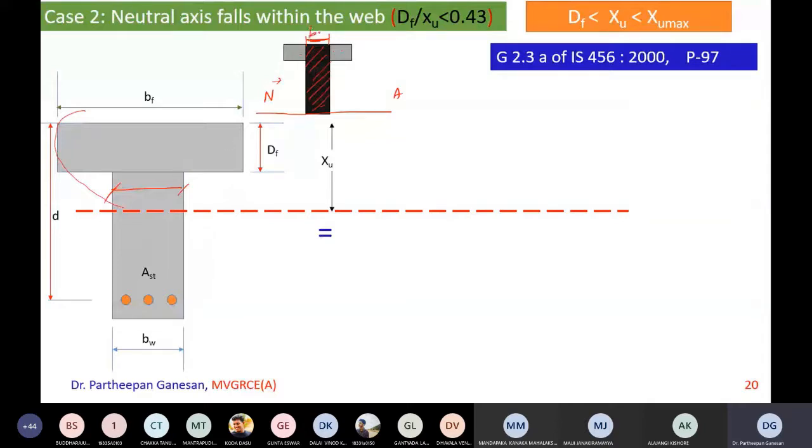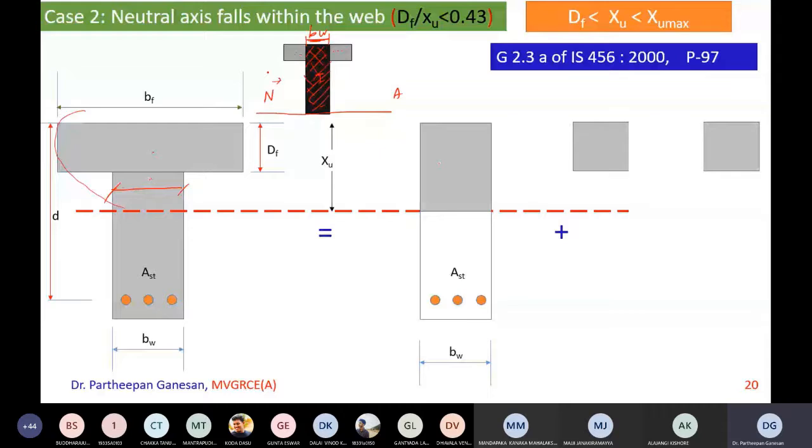This is Bw. So I am dividing this T-beam into this rectangular portion, the first portion, plus this flange portion, the second portion.